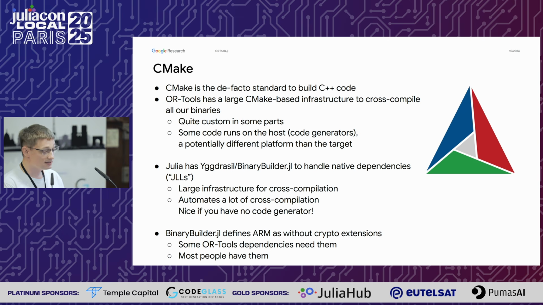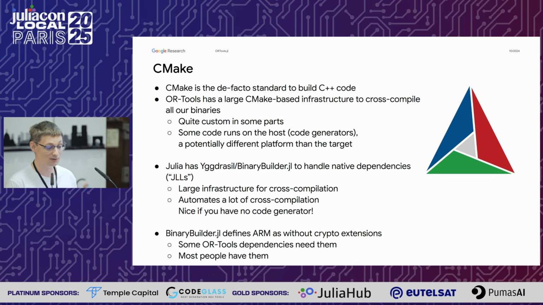So CMake is the de facto standard to build C++ code. Basically, every project uses CMake in the open source world. And we have a huge CMake infrastructure to build ORTools to make all of our releases using cross-compilation from virtual machines and so on. So it works extremely well for all other purposes. But that means that, for instance, for cross-compilation, we have a lot of things that are really custom, because our protocol buffers are based on code generators.